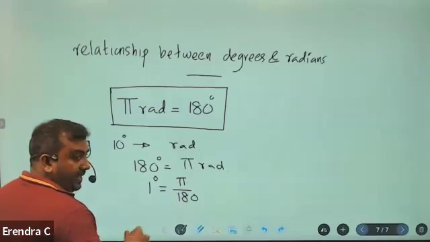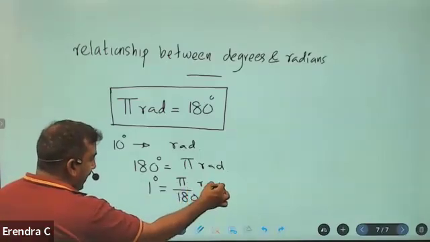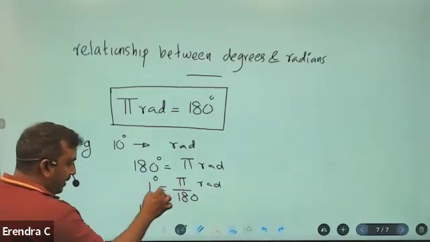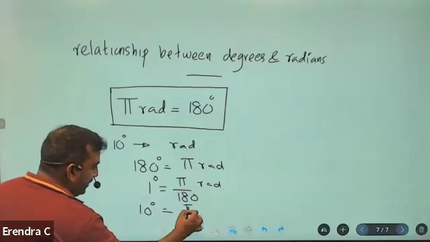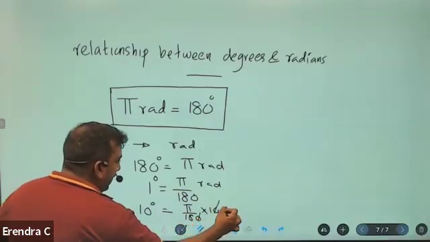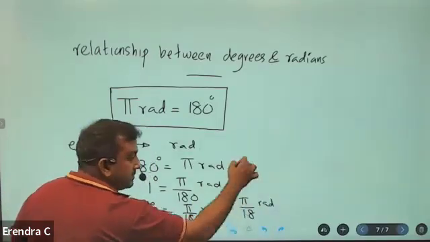Pi over 180. What are they asking you? 10 degrees. So 10 times pi over 180. 0, 0 cancel off. What's your answer? Pi over 18 radians.